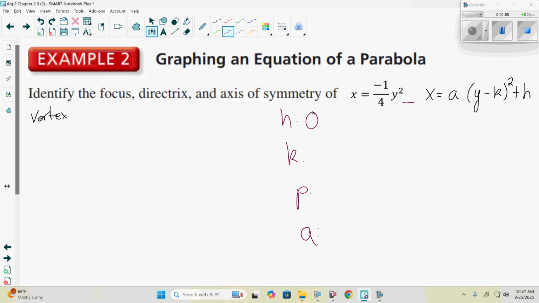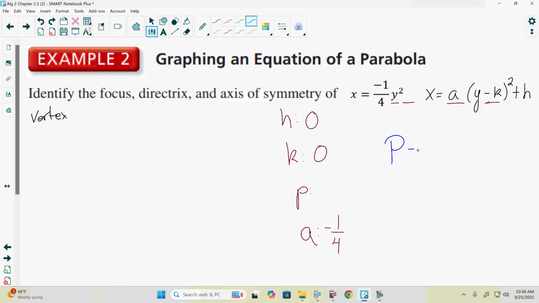It's understood to be 0. What's the value of k? 0. We don't have a set of parentheses, we don't have a number inside of there, so it's also 0. What's the value of a? Negative 1 over 4. So at this point, the only value that we're missing is p, and p is equal to 1 over 4a.